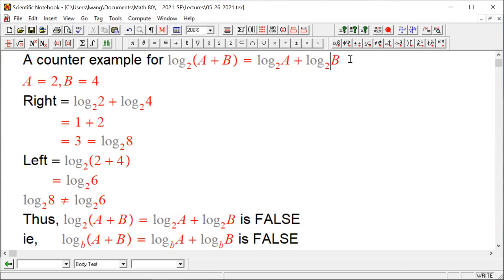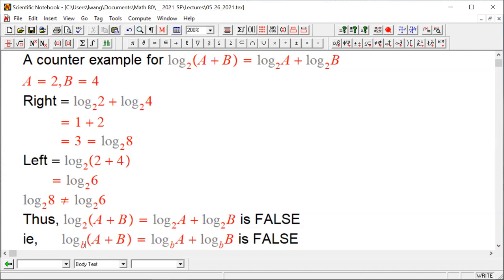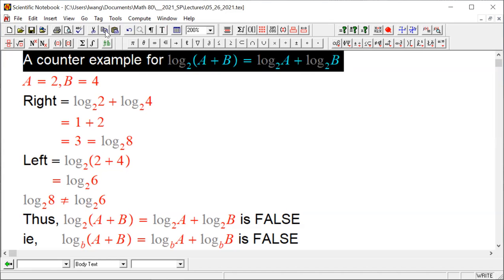If this is false as a special case for base 2, then for any base it's false, because any base includes the base 2 case. So if the base 2 case is false, the entire thing is false. You follow me?